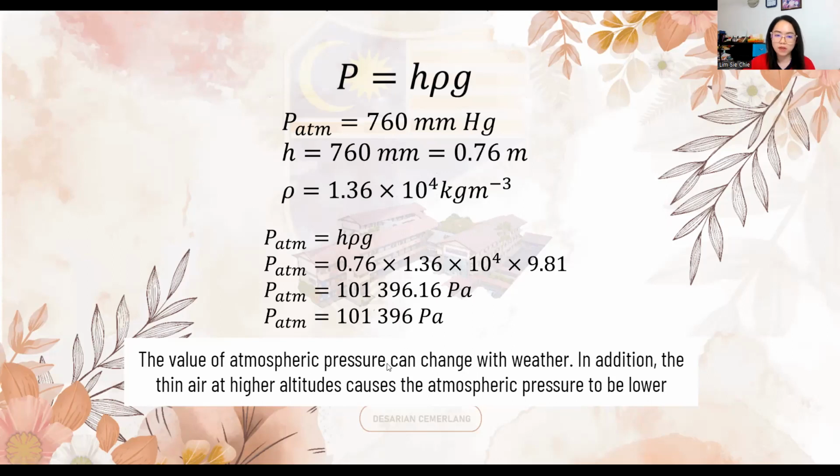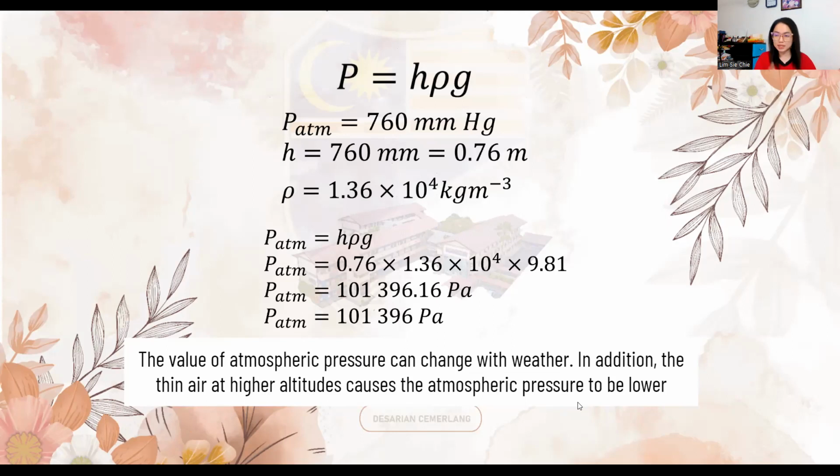The value of atmospheric pressure can change with weather. I repeat, the value of atmospheric pressure can change with weather. In addition, the thin air at higher altitudes causes the atmospheric pressure to be lower. Like in the previous slide, I explained about gravitational pull bringing all the gases towards the surface of the earth.